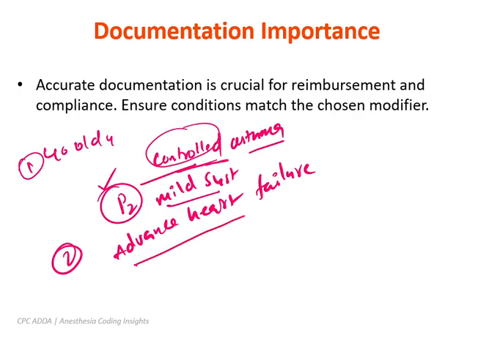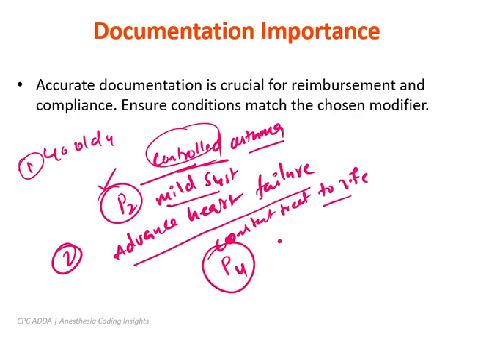So advanced heart failure is a severe systemic disease with constant threat to life, right? Constant threat to life. So which physical status modifier? P4 has to be used, right? It is a life threatening systemic disease, so P4 has to be used.